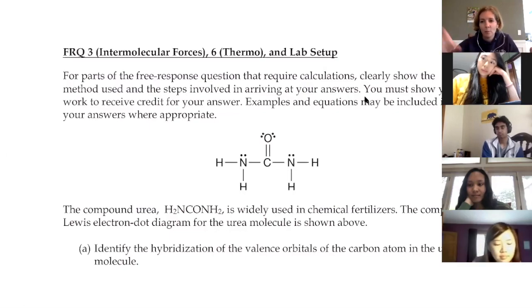This Facebook group that I'm on with AP chemistry teachers, they say that they find you points. If it's solid chemistry, even if it doesn't match what the answer key says you're supposed to write down, but you have logic and reason and it makes sense, they give you the credit.